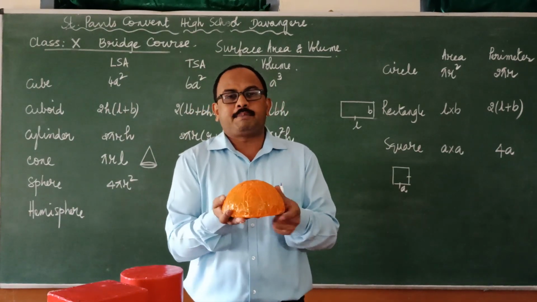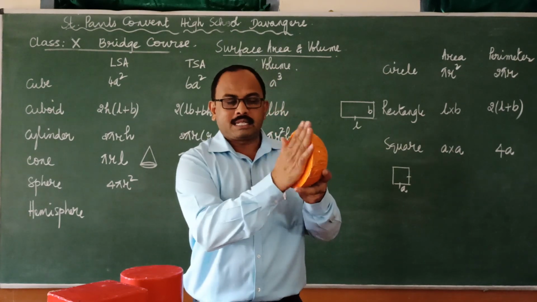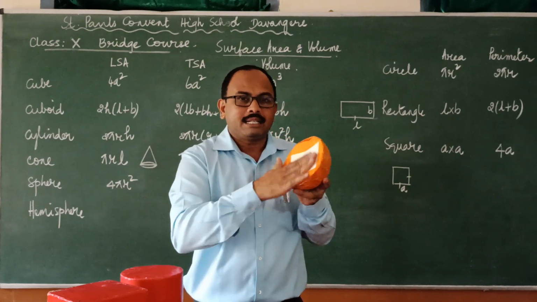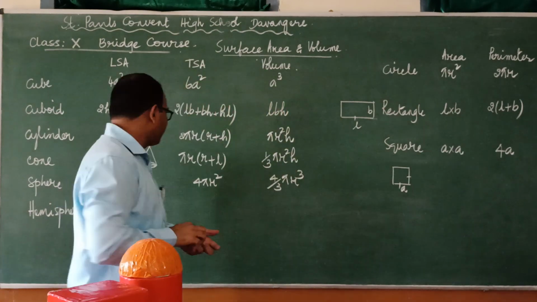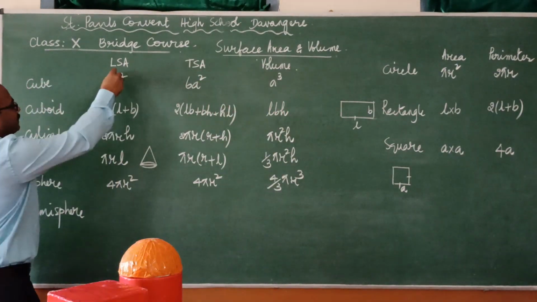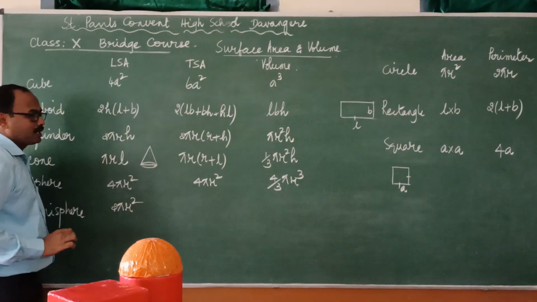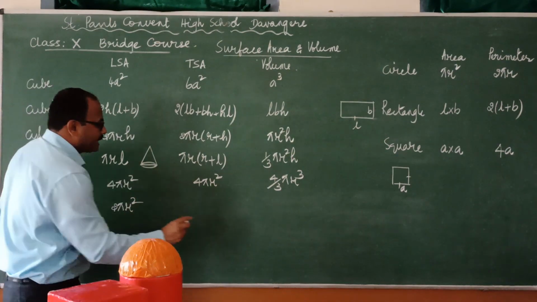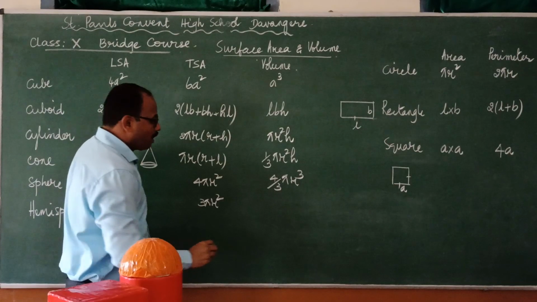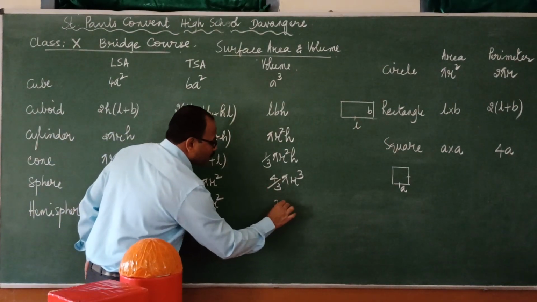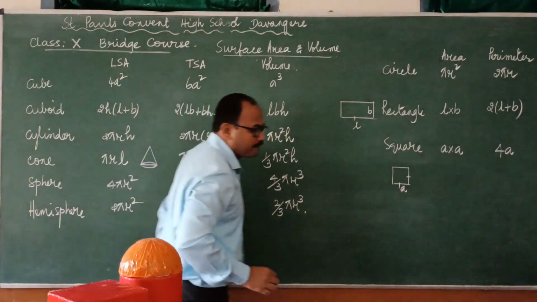If we slice a sphere into two equal parts, the sliced part will look like a circle. Therefore, the lateral surface area of a hemisphere will become 2 pi r square, children. Total surface area becomes 3 pi r square. Volume becomes 2 by 3 of pi r cube.